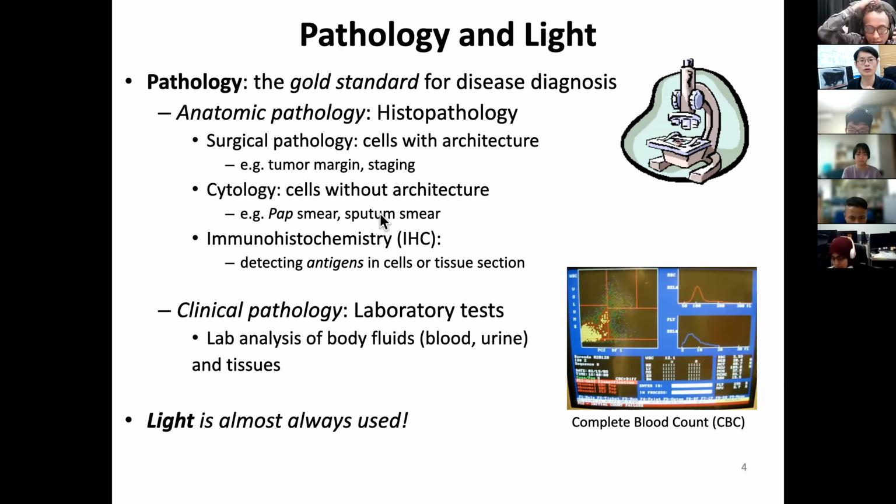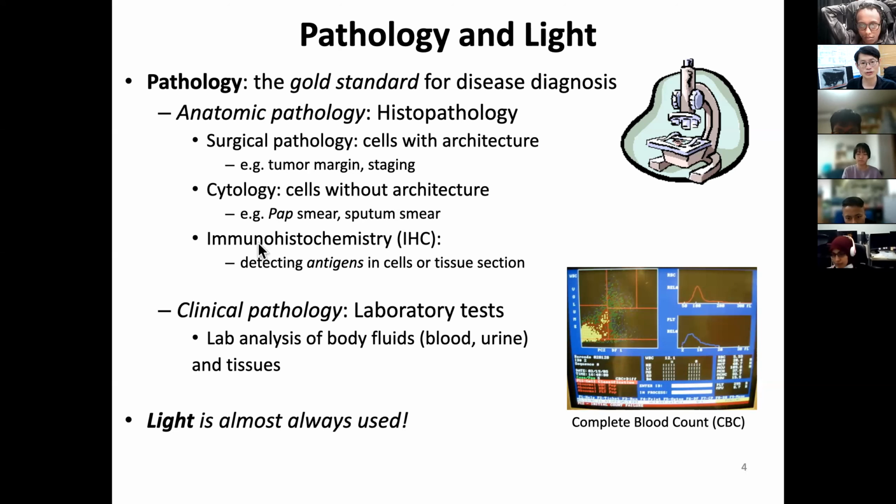Or even sputum, like saliva, well, not only saliva, a sputum smear you can also watch under the microscope. Of course, if you do this, you won't be able to see anything because cells are usually transparent. So you do need some kind of contrast, such as dye staining.